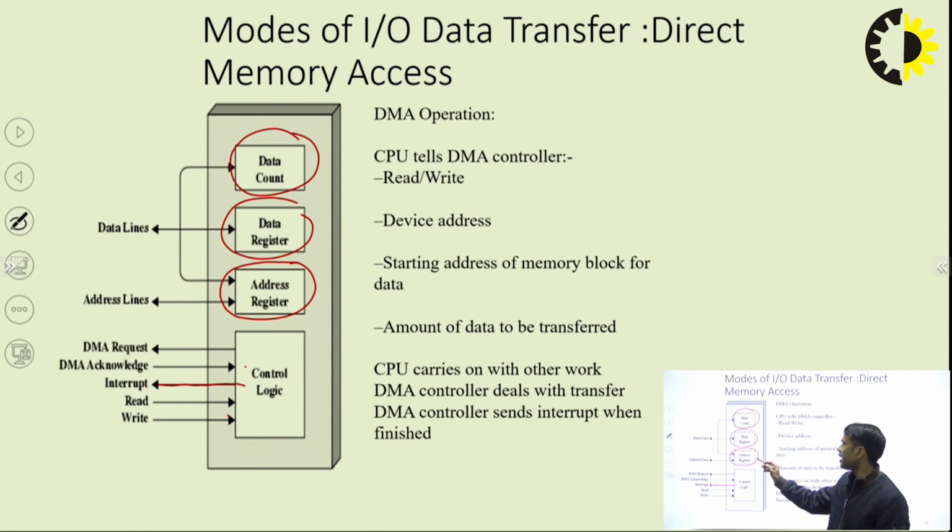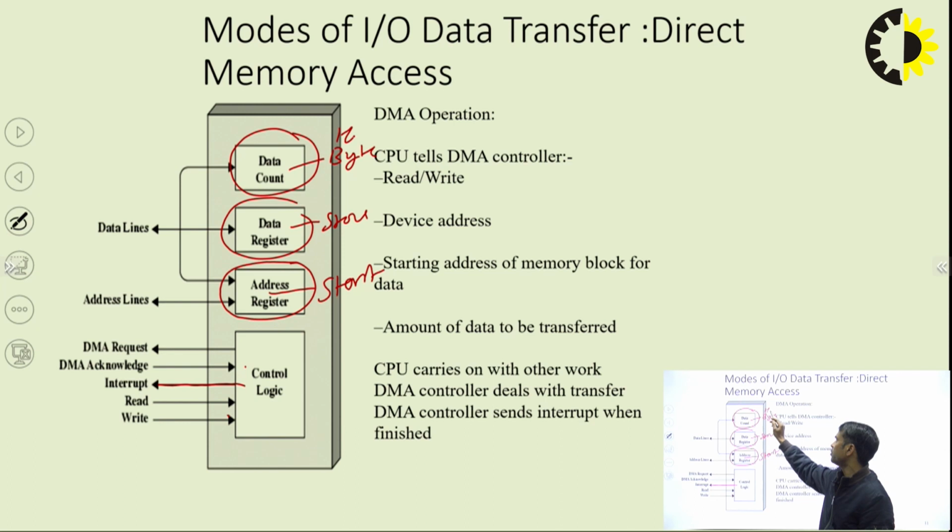So, it will have an address register. This address register is basically the start address. It has a data register which stores temporary data that is being read, and there is a count of data, that is, how many bytes are to be read from the start address.